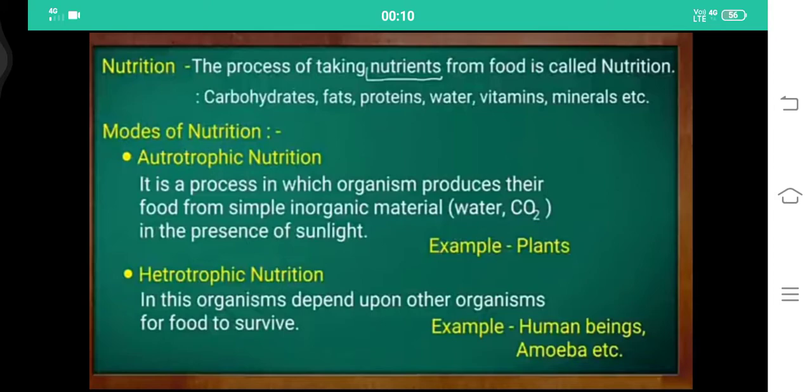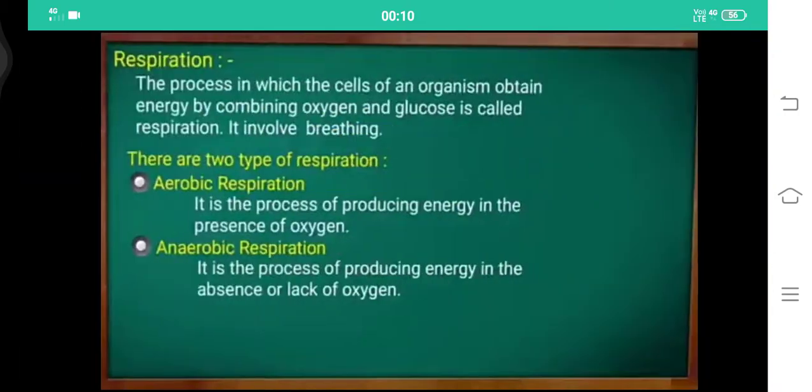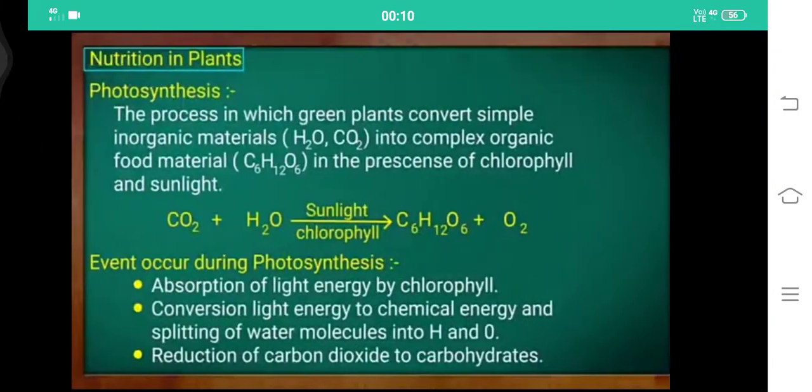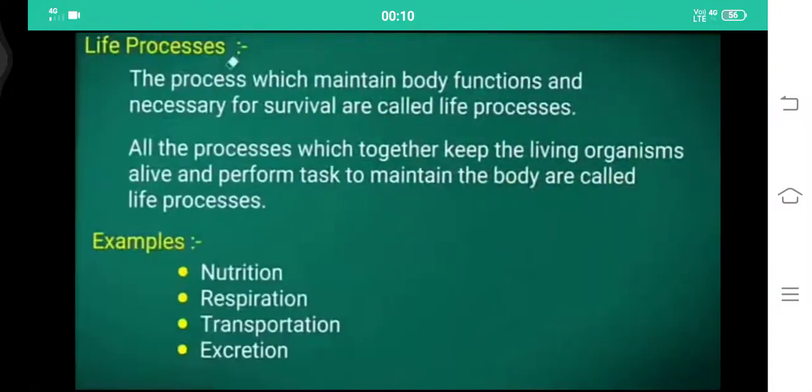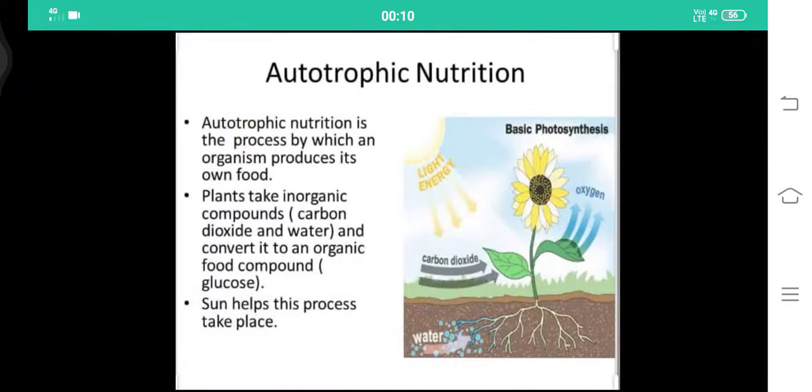Next, we can understand the process of autotrophs. What do we call the process when the plants prepare their own food? You know very well. What do we call, children? Observe the picture. Yes, autotrophic nutrition.